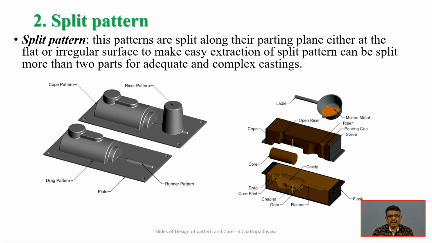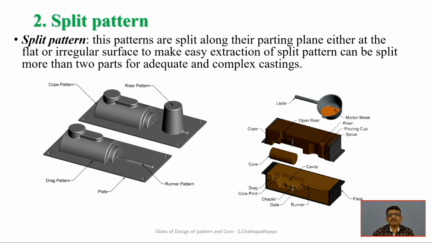Then split pattern. Split patterns will be split along different parting lines, either at a flat or irregular surface, to make easy extraction. The main motivation of the pattern is to create an appropriate cavity and be associated with easy withdrawal from the mold itself.